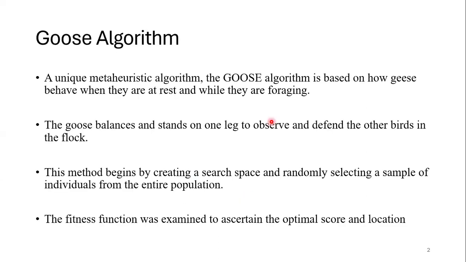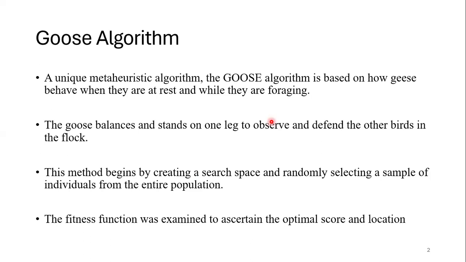The GOOSE algorithm is a new algorithm recently found by Reb Khalid and myself, Tarik Rashid. It's a unique metaheuristic algorithm based on how geese behave when they are at rest and while they are foraging.